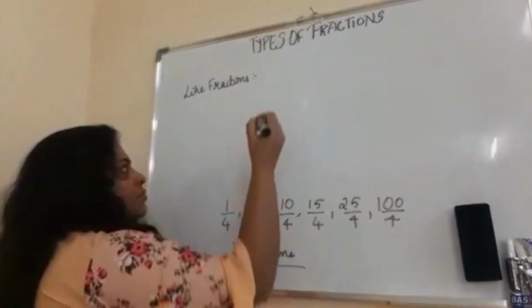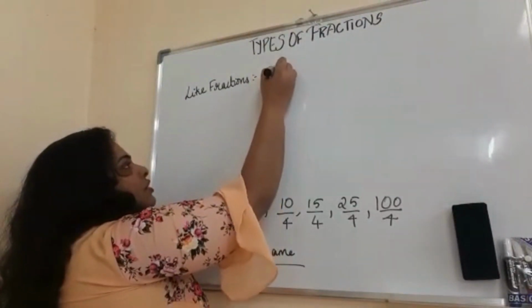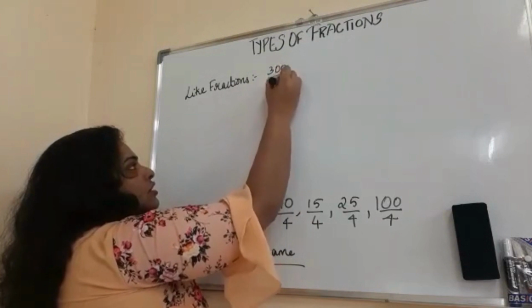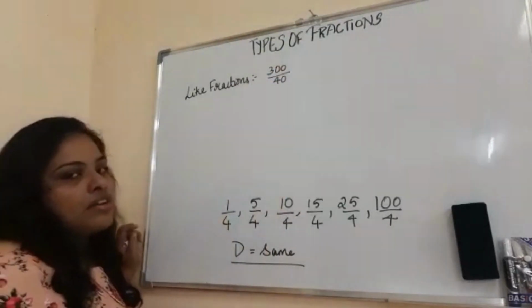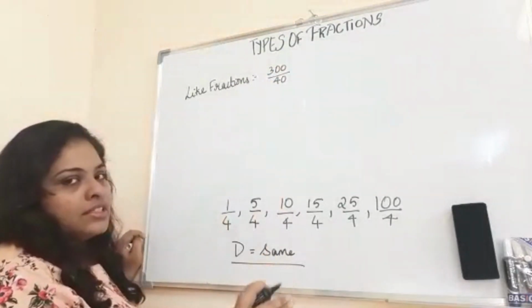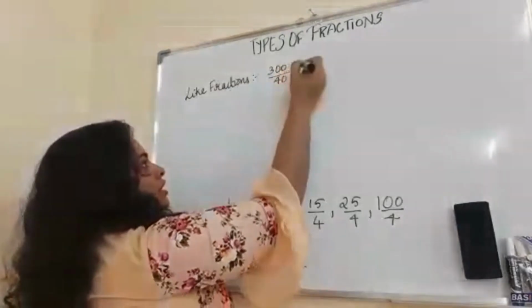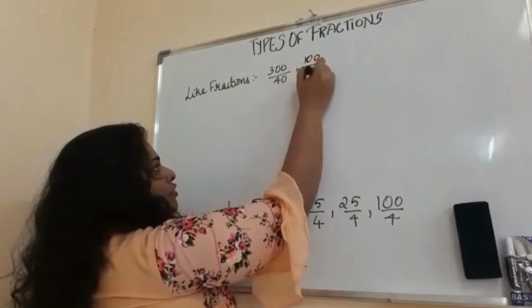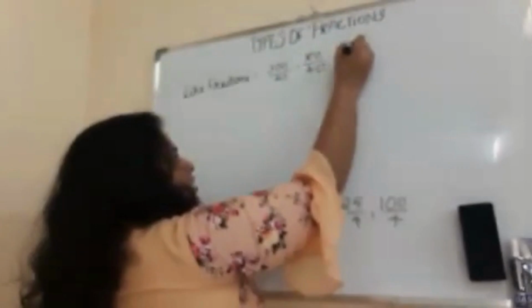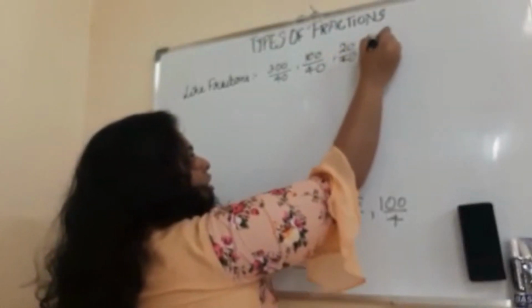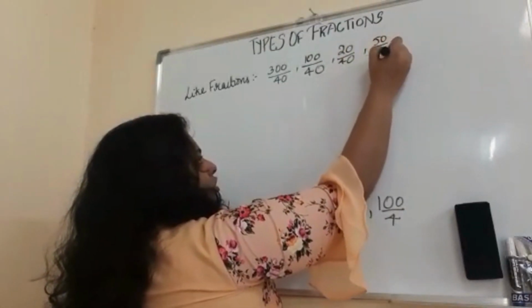We'll take another example. 300 by 40. If I have taken 300 by 40, all the denominators remain 40. Now 100 by 40, 20 by 40, 50 by 40 and so on.